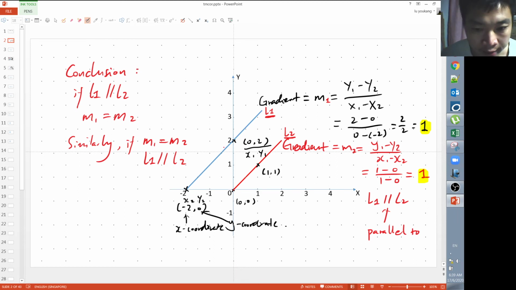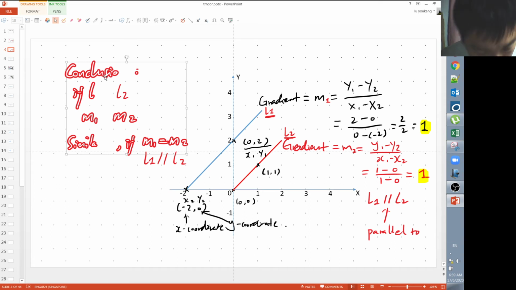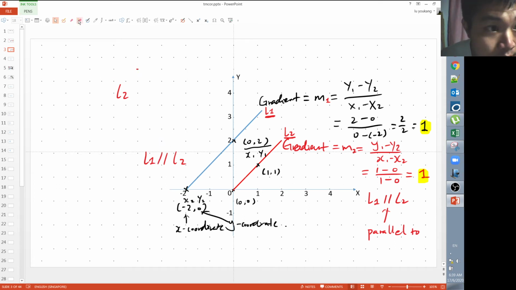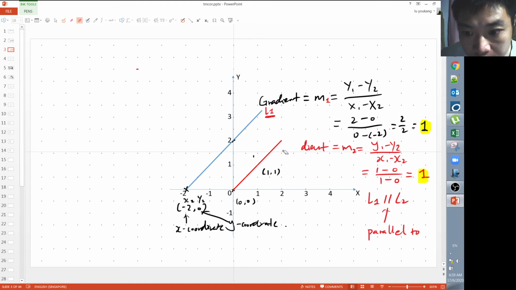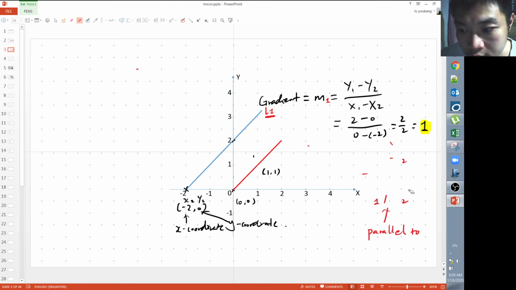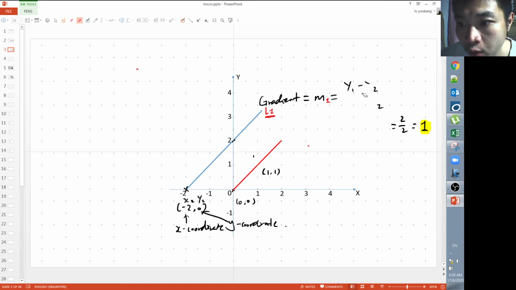Alright, and next, let me continue. I will use the same diagram. I'm going to delete most of this stuff. So while I'm cleaning up for more space, we have explored the relationship between two lines if their gradients are the same.